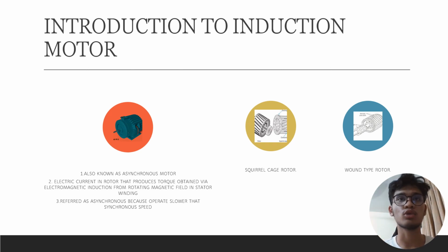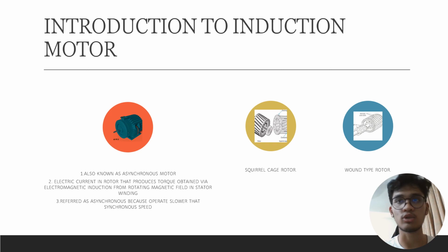In an induction motor, the electric current in the rotor needed to produce torque is obtained via electromagnetic induction from the rotating magnetic field of the stator winding. The rotor of an induction motor can be a squirrel cage rotor or a wound type rotor. Induction motors are referred to as asynchronous motors because they operate at a speed less than their synchronous speed.